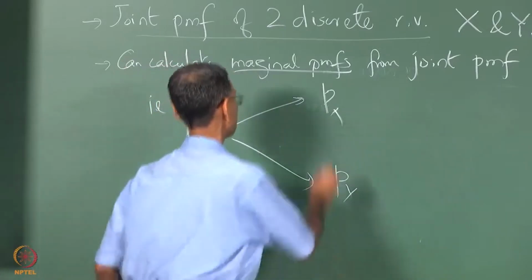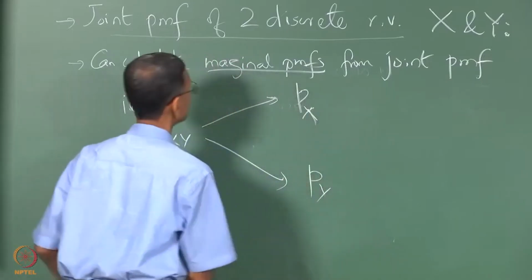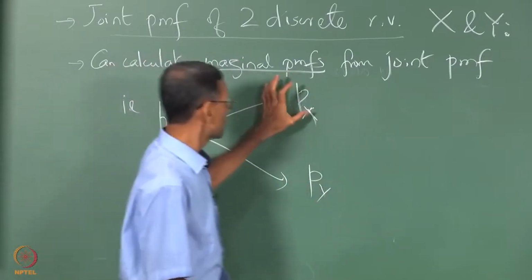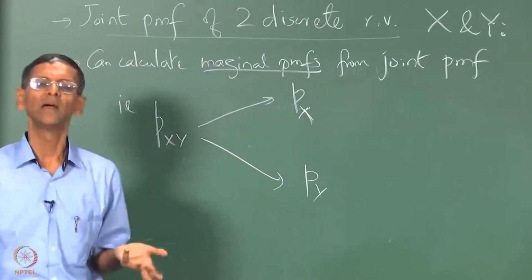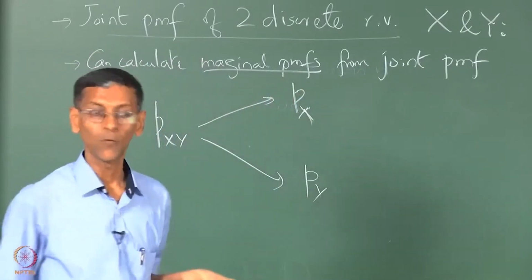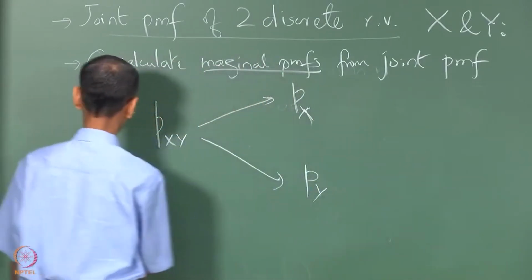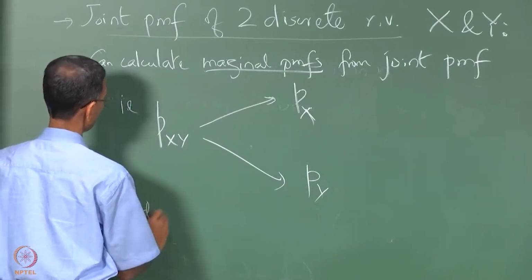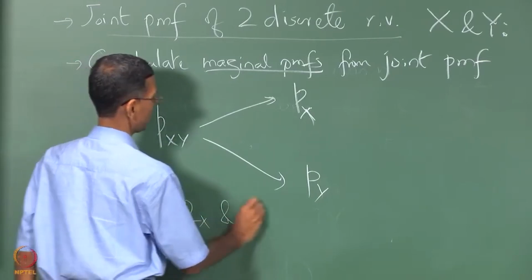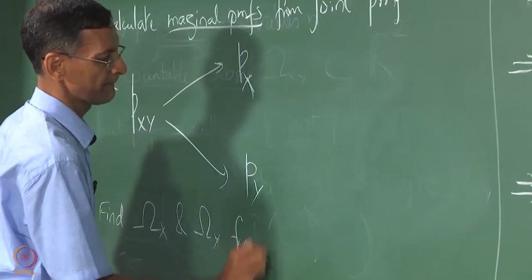So what is this px of x? Before that, to do this, the first step is to identify clearly omega x and omega y. So the step is to find omega x and omega y from omega xy.